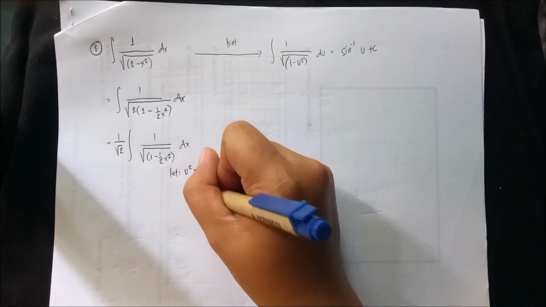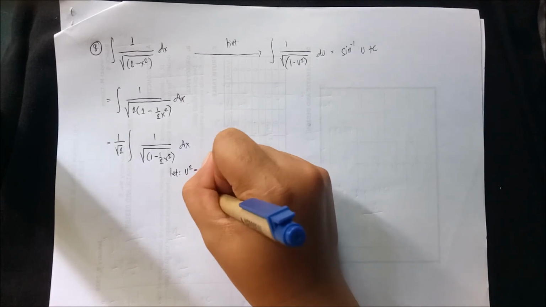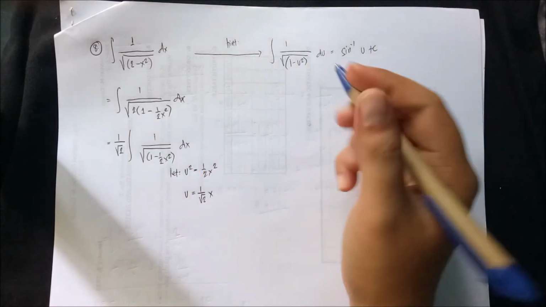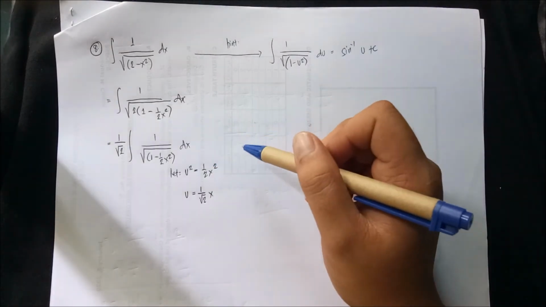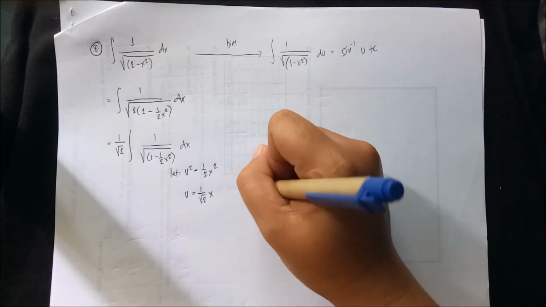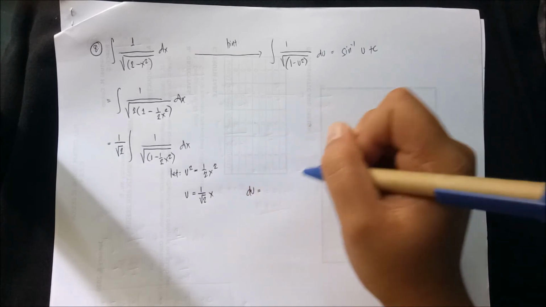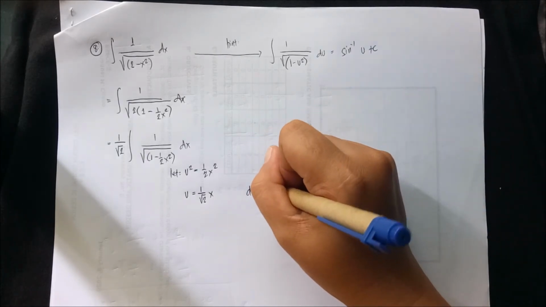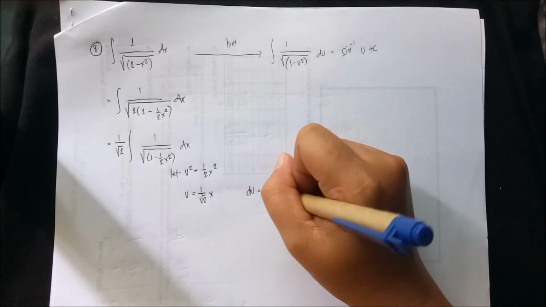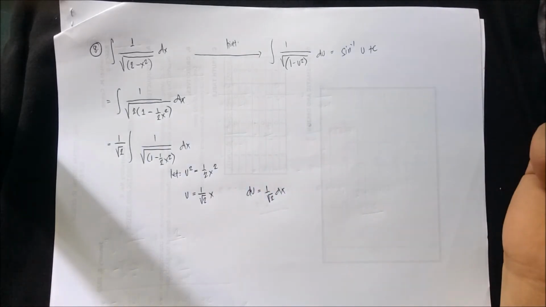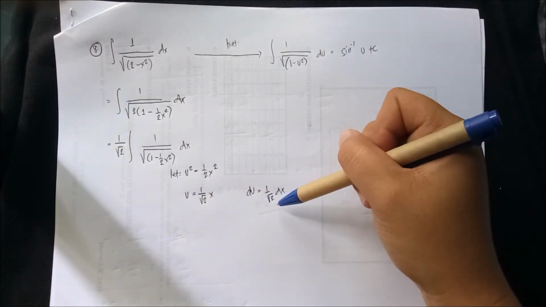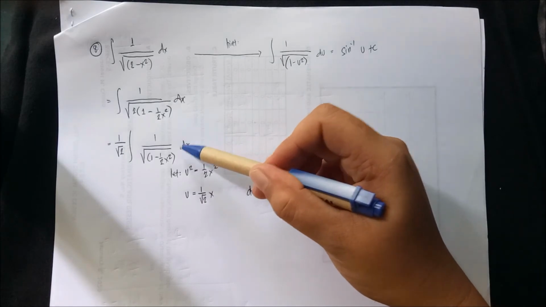So, yung u natin ay 1 over square root of 2 x. Okay, na-cancel na yung x, plus nag-multiply lang ako ng 1 half. Okay, so based on that, our du is, what will be your du? Square root of 1 half dx. Okay, so class, kailangan meron tayo ditong square root of 1 half dx.